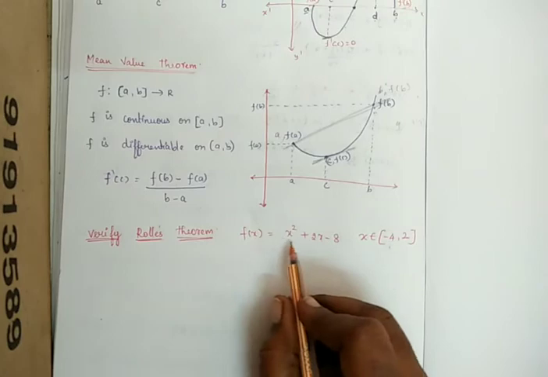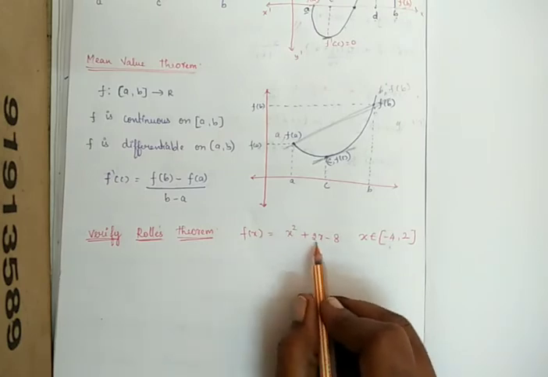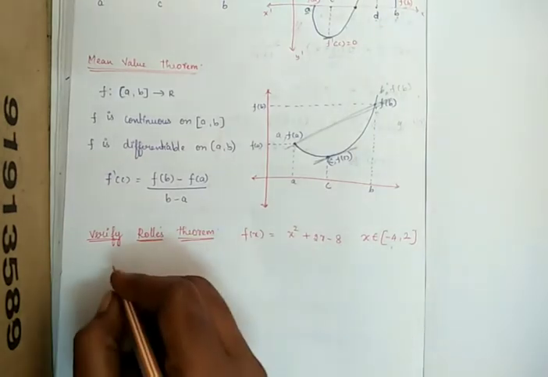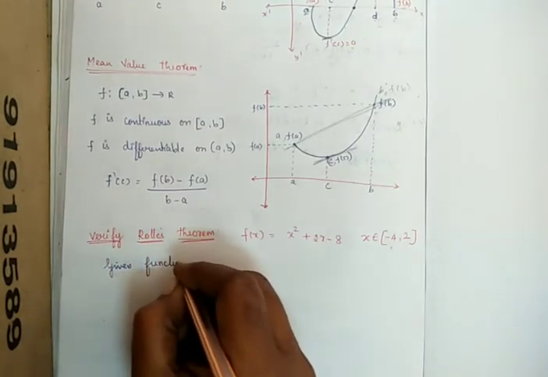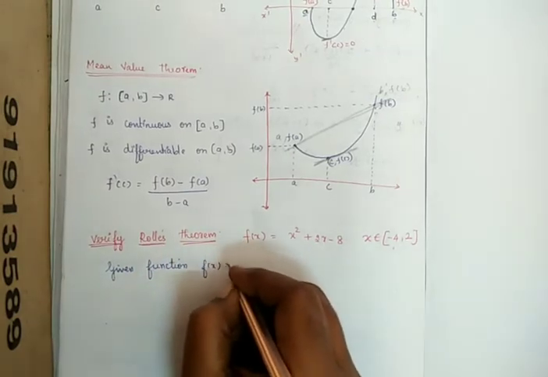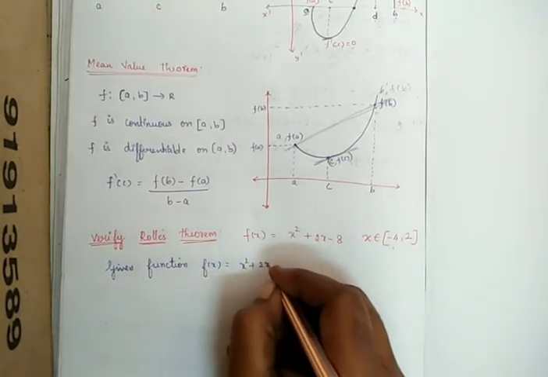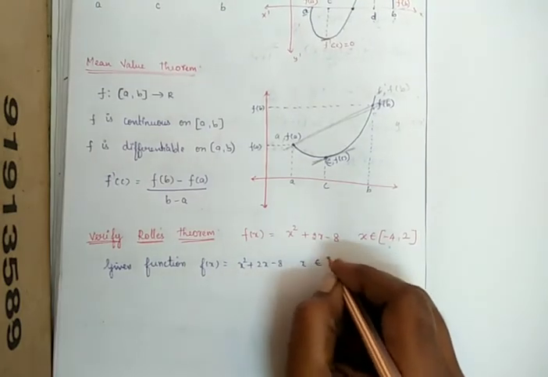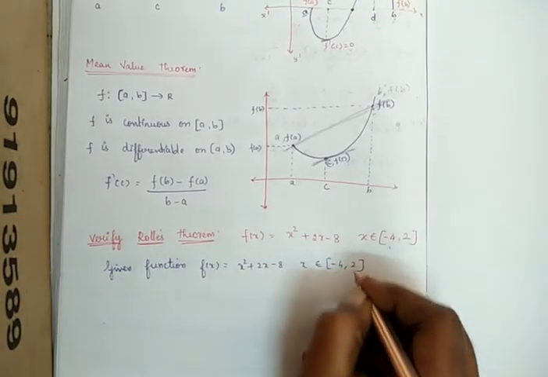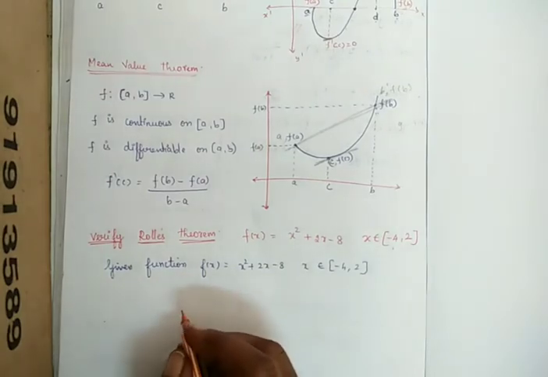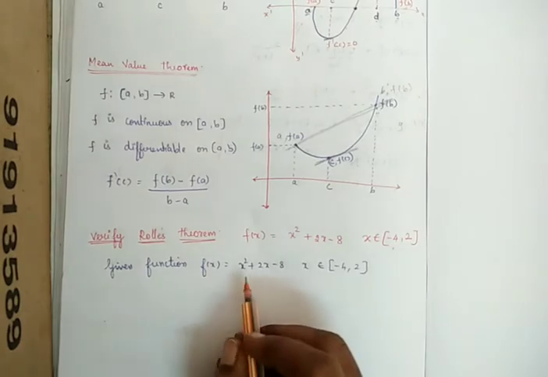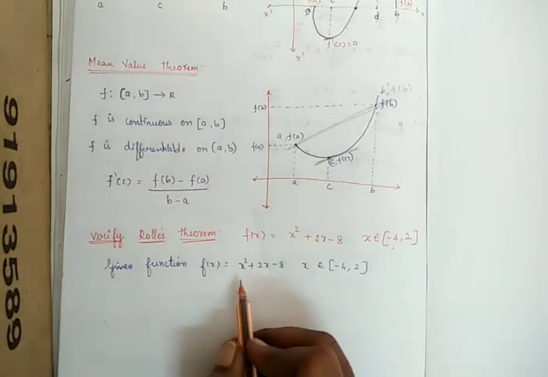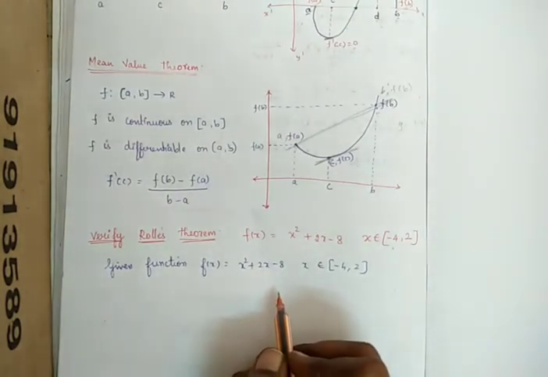Given function f of x is equal to x square plus 2x minus 8, where x belongs to the closed interval minus 4 comma 2. According to the definition of Rolle's theorem, this is a polynomial function. We know that a polynomial function is continuous as well as differentiable on the real number set.